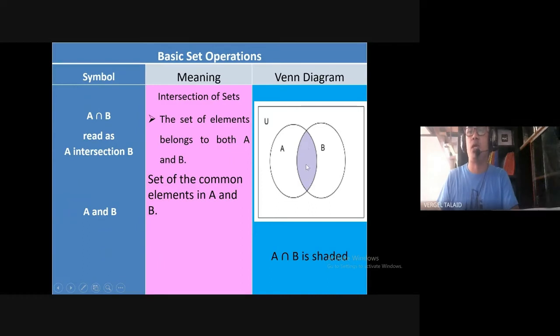These are joint sets. Remember, joint sets are sets with common elements, and this common element set is what we call the intersection of sets A and B.